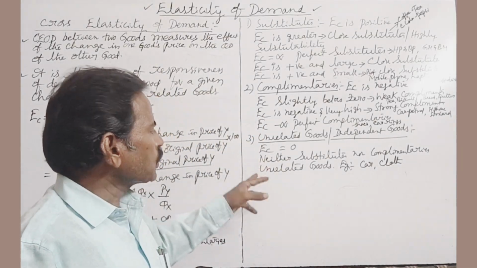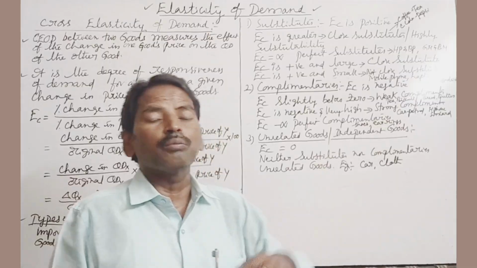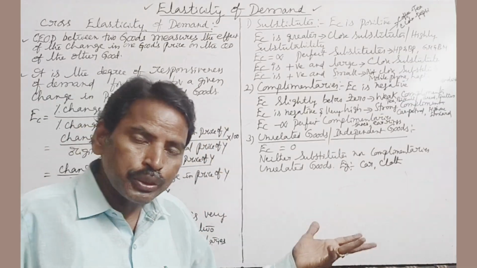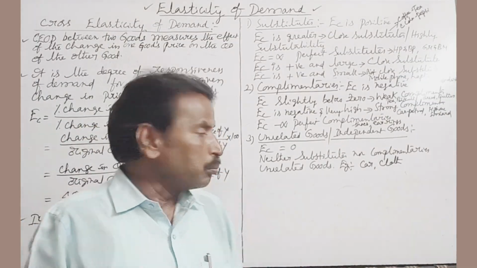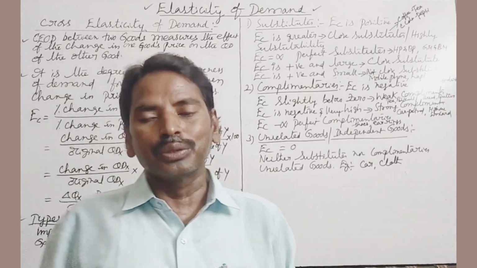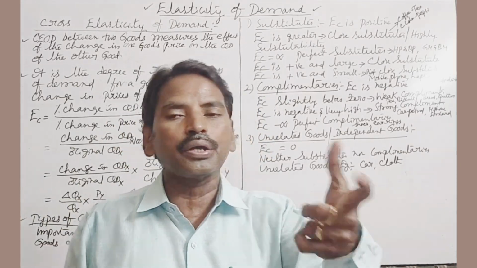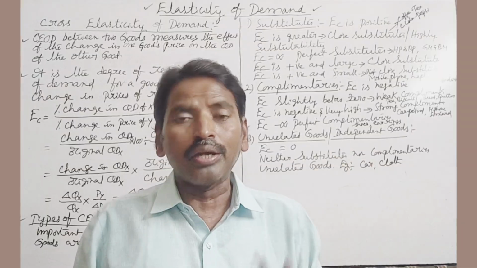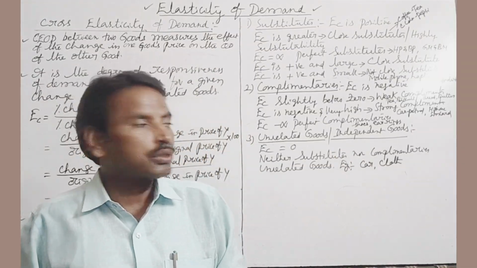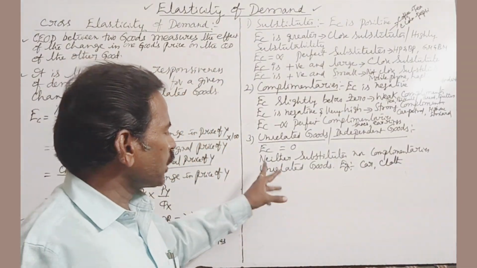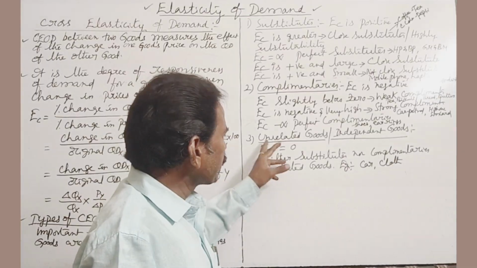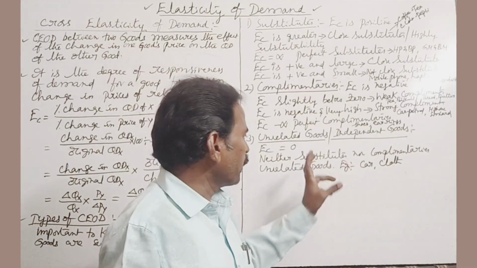Those goods are neither substitutes nor complementaries. Both of them are unrelated goods, for example car and cloth. This is the information regarding unrelated or independent goods.